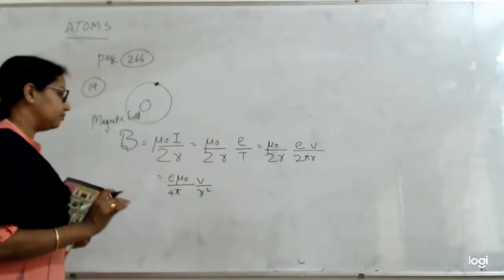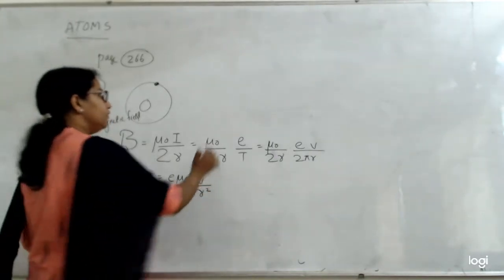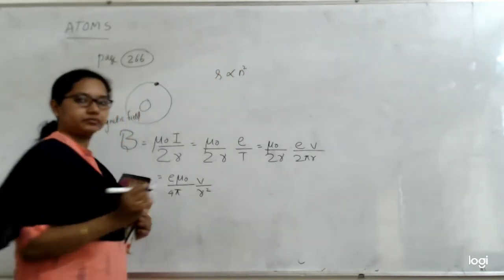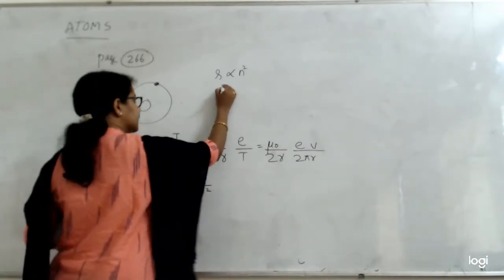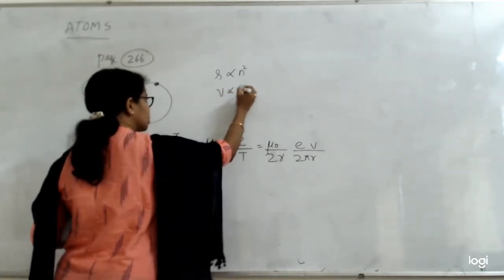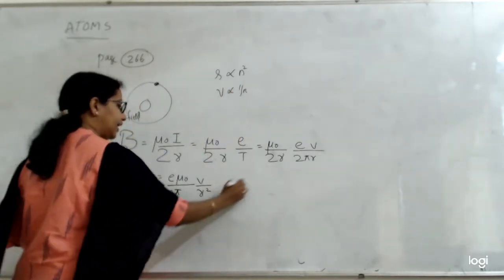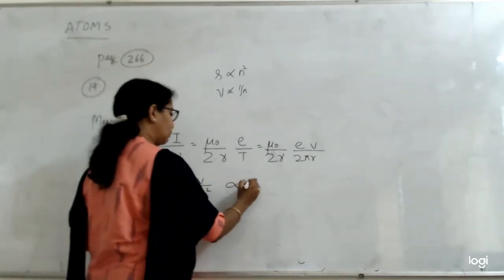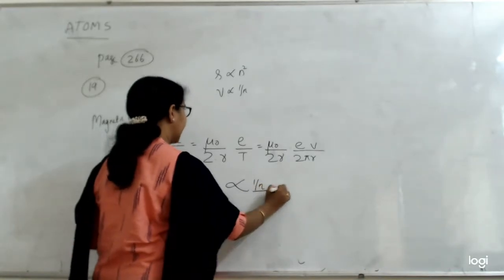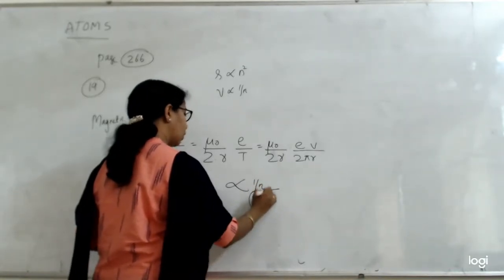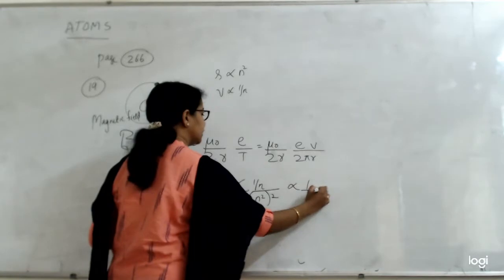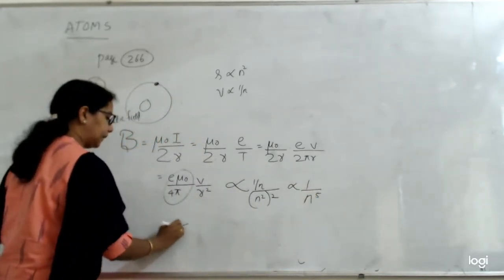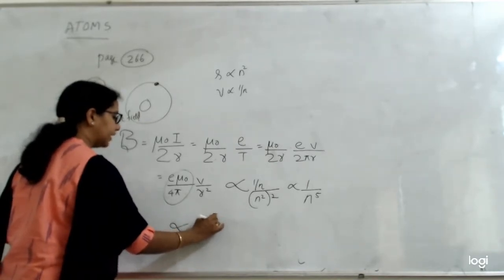Here you should remember the important thing. We know that the radius is proportional to n square and the velocity is inversely proportional to n. So writing the proportionality sign, because these are all constants, I can write this as 1 by n square the whole square, that is proportional to 1 by n power 5, or proportional to n power minus 5.